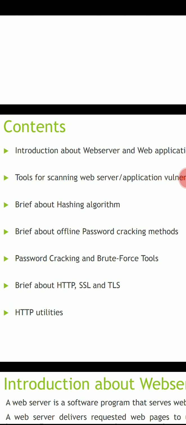Then we will see offline password cracking methods, password cracking and brute force tools. Multiple times you try for getting the password, brute force tools, such tools. And also we'll see other topics like HTTP, SSL, TLS.